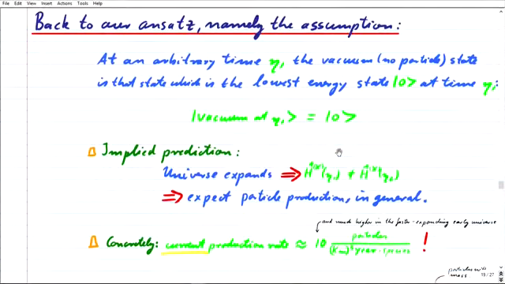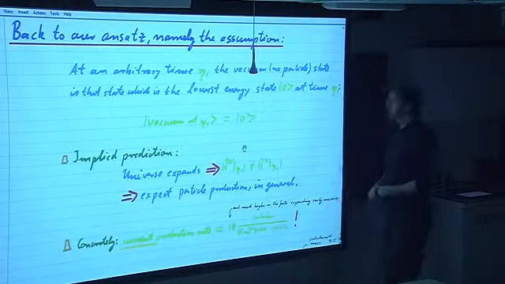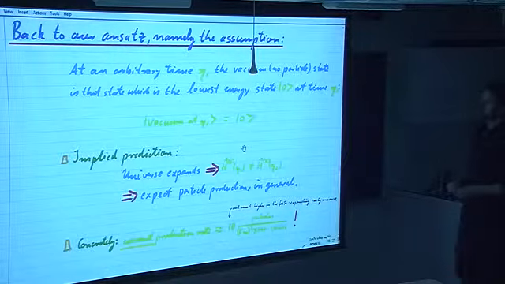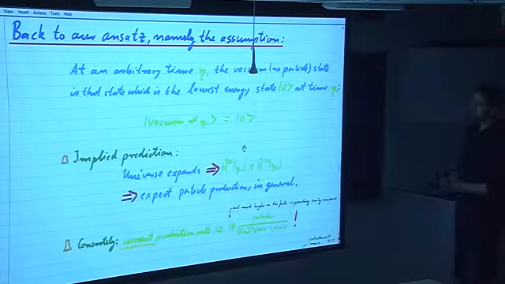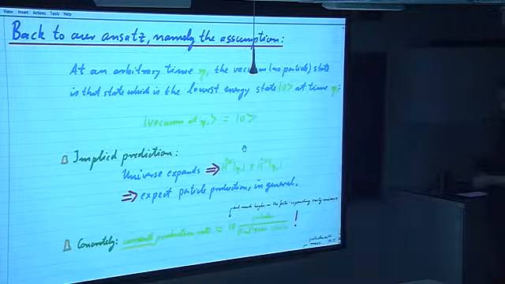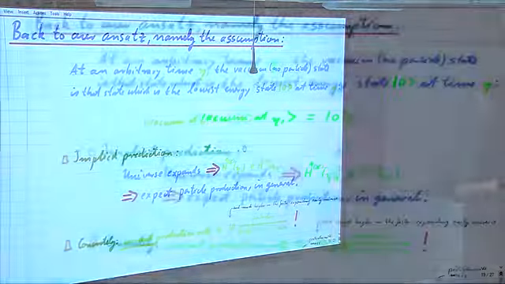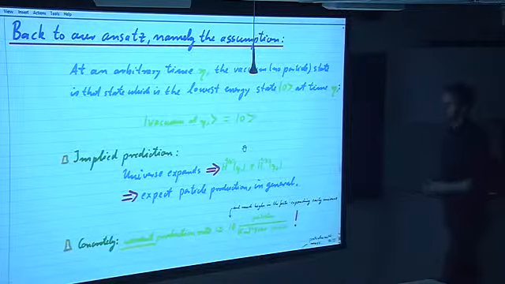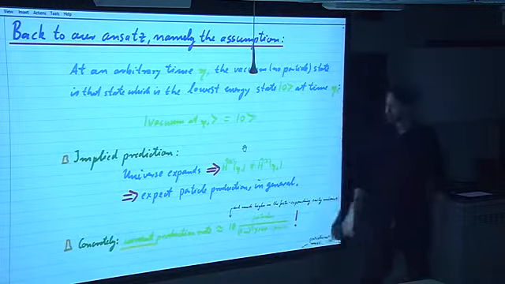Now let's come back to our ansatz. We made the assumption that at an arbitrary time eta 1, the vacuum state, the no particle state, can be identified as the lowest energy state at that time eta 1. That was our conjecture here. But that conjecture comes with a prediction. Remember that when the universe expands, the Hamiltonian is time dependent.